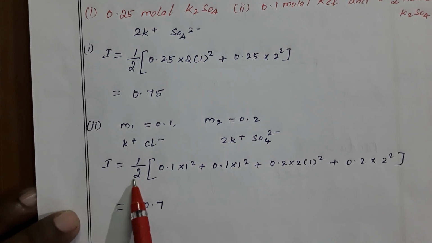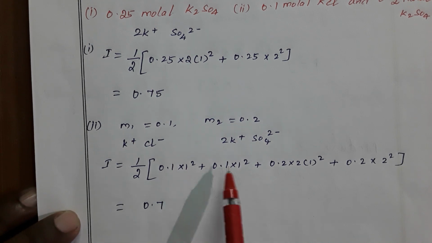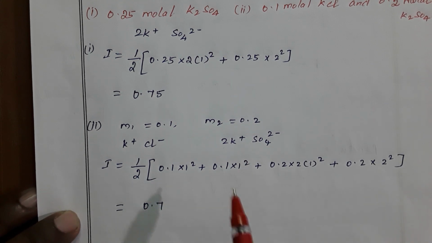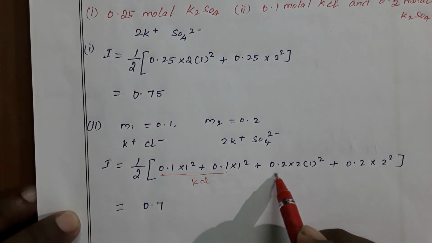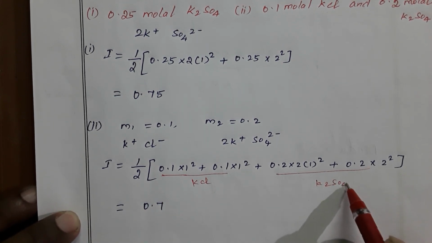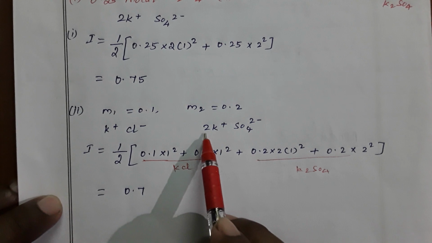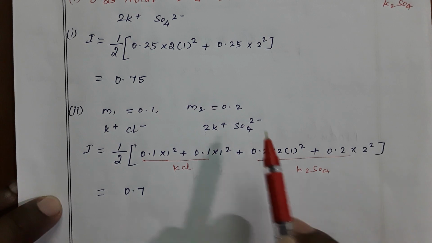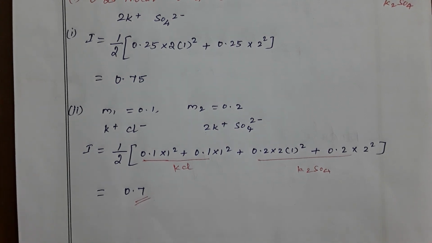Ionic strength I equal to 1 by 2 [0.1 into K plus, 1 charge, so 1 square, plus 0.1 into Cl, 1 charge, so 1 square]. Up to this is for KCl. Next it is for potassium sulfate: 0.2 into 2 for the 2 potassium ions into 1 square for the 1 plus charge, plus 0.2 into the 2 minus charge, so 2 square. By simplifying you get the answer 0.7 as the ionic strength. Thank you very much.